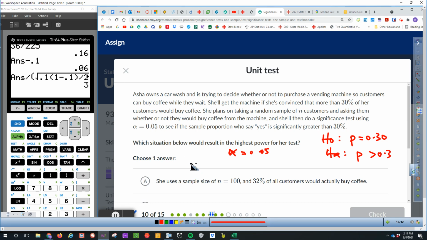And power, ladies and gentlemen, power is 1 minus beta. Type 1 error is alpha. Power is 1 minus beta.